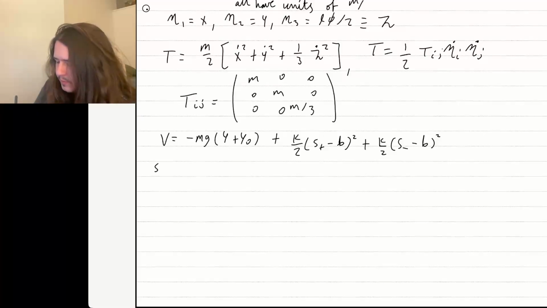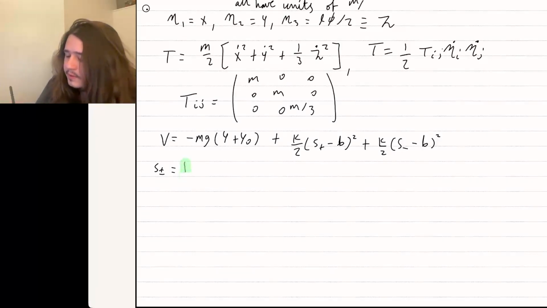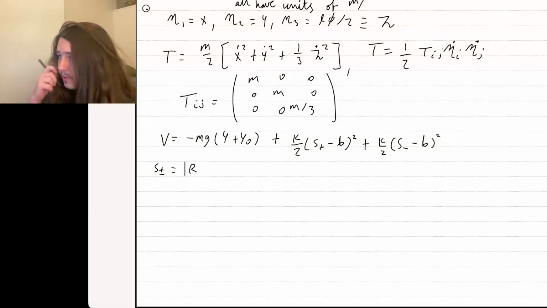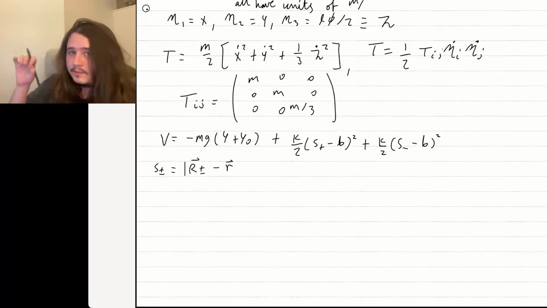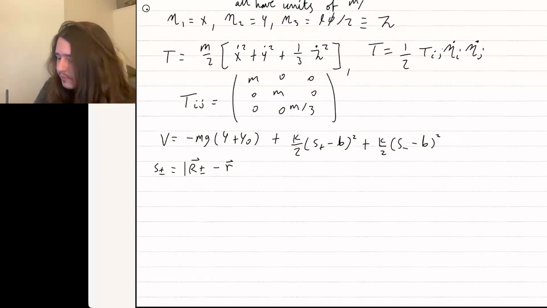As a general formula here that I'm going to write down, it's the distance between their anchor points, which I called capital R plus or minus, and the parts that the springs are attached to on the rod, which I called the vector little r plus or minus.